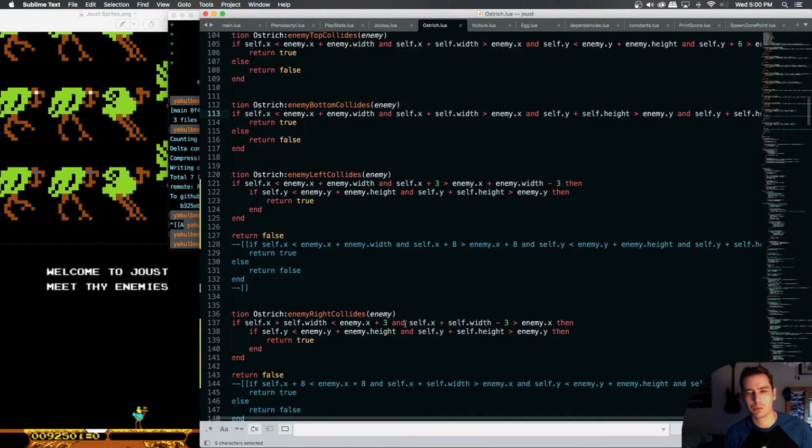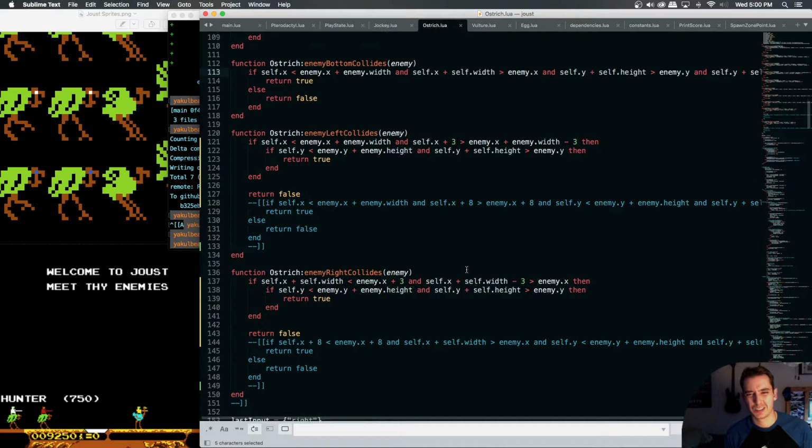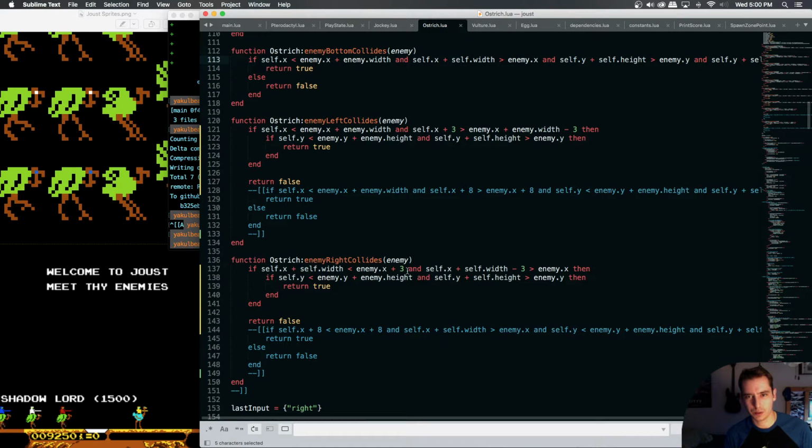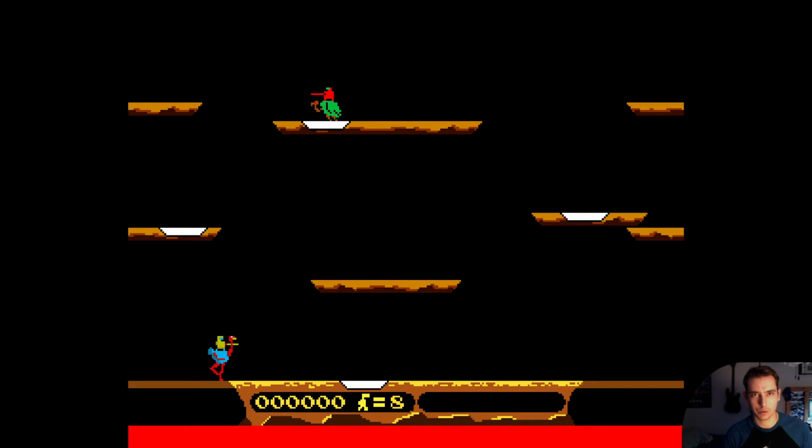I feel like we should err on the side of more side collisions than top collisions. I don't exactly know. For now, I'm going to maybe give us 1 more pixel. No, I don't want to do that. Let me see if that fixes our problem. We're going for a true side collision, as side as we can get it.